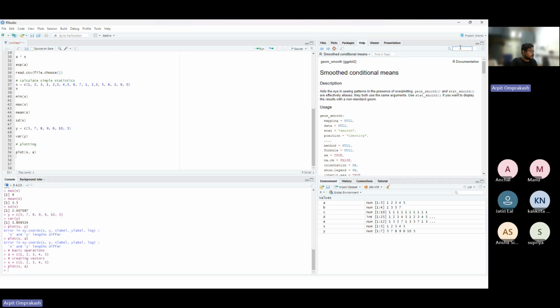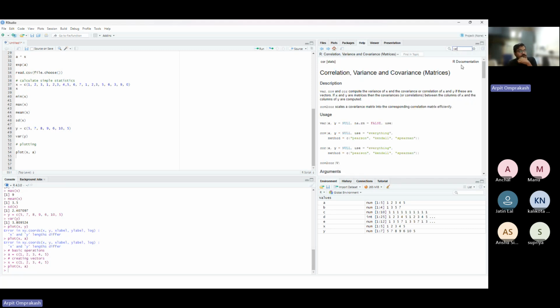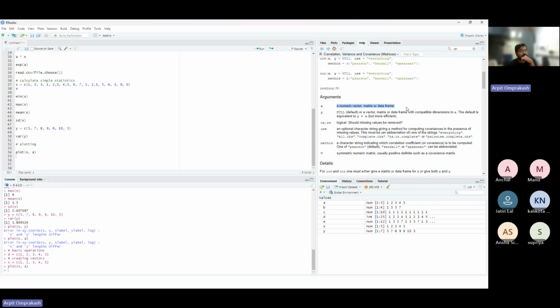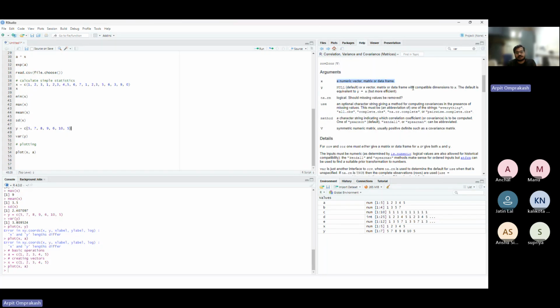So let's say I wanted to know about how the variance function works. I'll just search for var, and it will tell me that var takes x, y, na.rm, and use. So x is a numeric vector. Here in this case, we are giving a numeric vector. Y is NULL by default or a vector which is compatible with x.